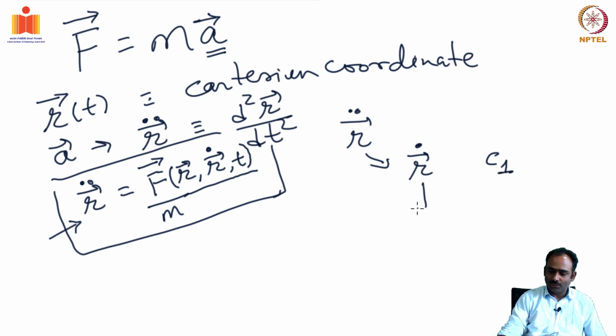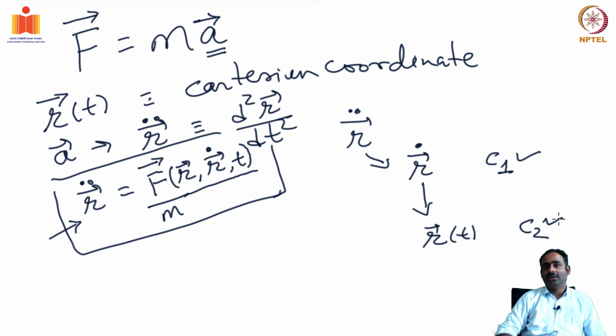Then you integrate once more, you arrive at r, that is what you are looking for, but then at this stage you get one more constant of integration, C2. So two constants of integration you will have, which you typically know that they are the coordinates at any initial time, let's say t equal to 0, and the velocity of the particle at the same time. You could use them to fix what C1 and C2 are.